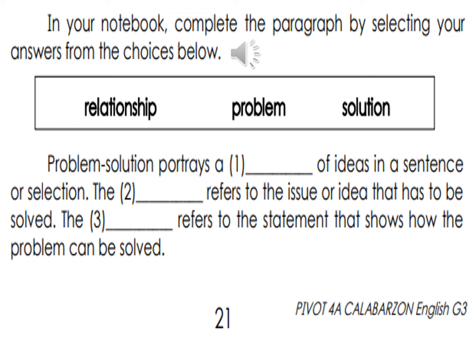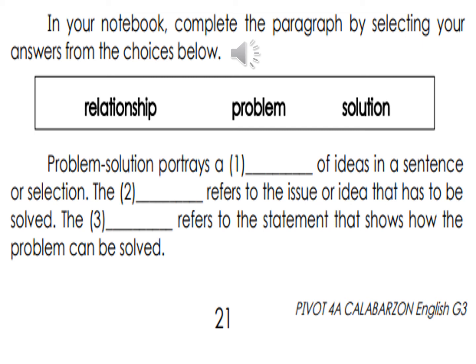Here is our last activity. Complete the paragraph. We have to choose from the words relationship, problem, solution. Let's read. Problem solution portrays a blank of ideas in a sentence or selection. Number 2.